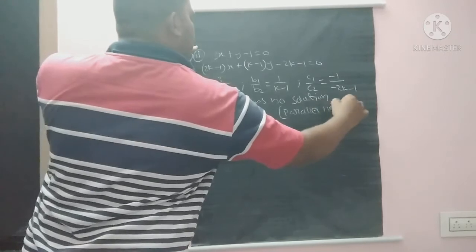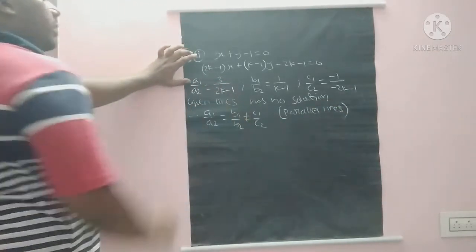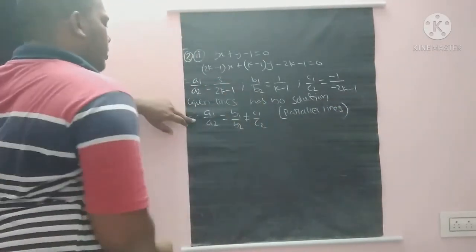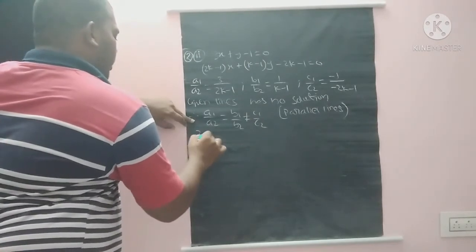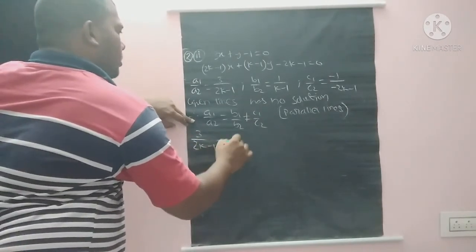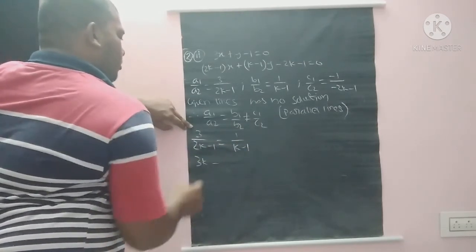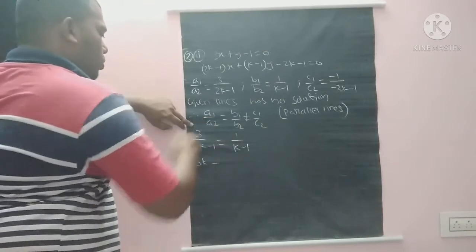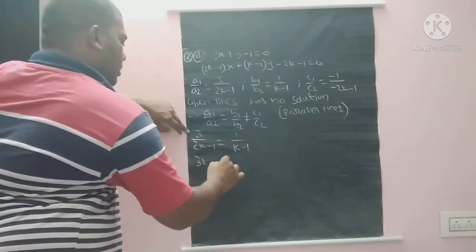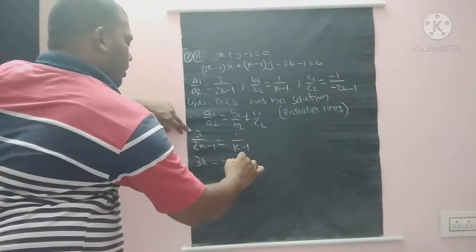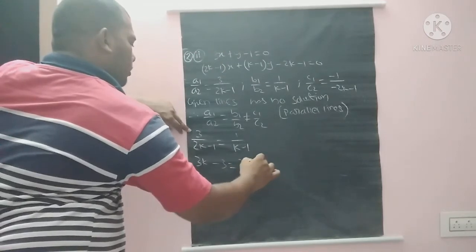For parallel lines the condition is a1 by a2 is equals to b1 by b2 is not equals to c1 by c2. So 3 by (2k minus 1) is equals to 1 by (k minus 1). On cross multiplication, 3k minus 3 is equals to 2k minus 1.